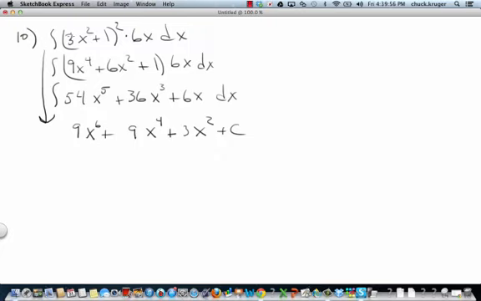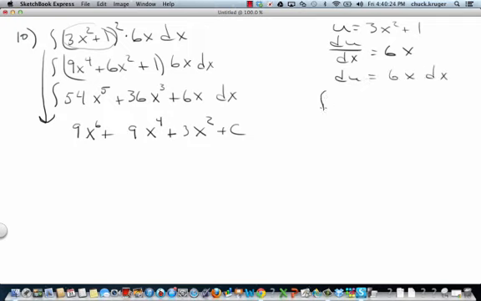Another way I can do it is I can see that in this quantity right here, this 3x squared plus 1, the derivative is 6x. So I can make u this. In other words, I can say u is equal to 3x squared plus 1, so du dx is equal to 6x. That means du is equal to 6x dx.